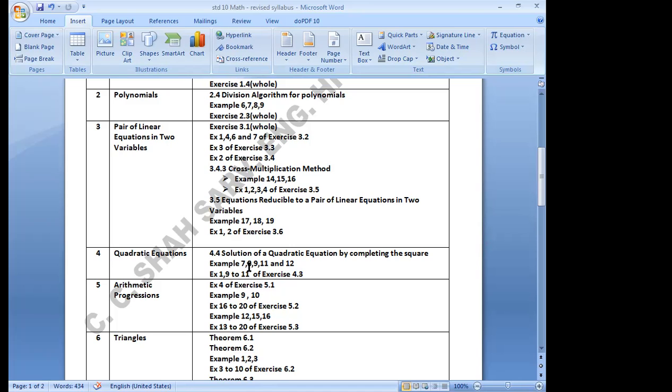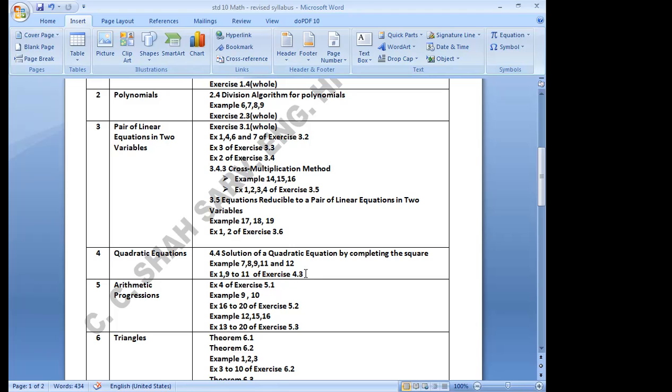So the excluded examples are 7, 8, 9, 11 and 12. Means you have to prepare example 1 to 6, example 10, example 13, page number 85, example 14, page number 86, and example 15, page number 87 is included.